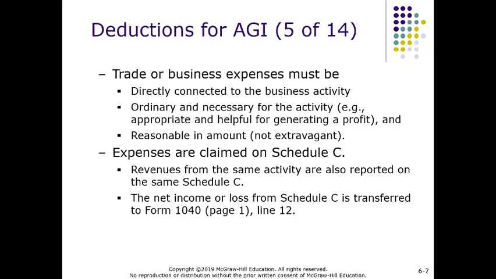Reasonable in amount means you can't pay more than what a normal taxpayer would pay under normal circumstances. Usually, taxpayers get into problems there with these business expenses when they're paying family members.